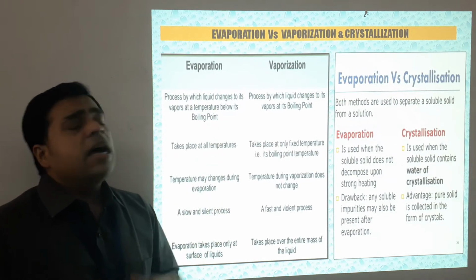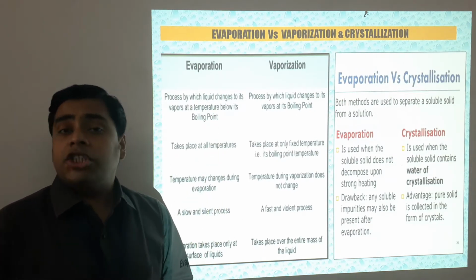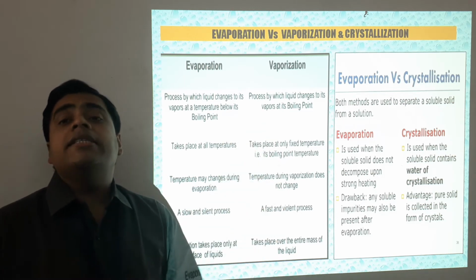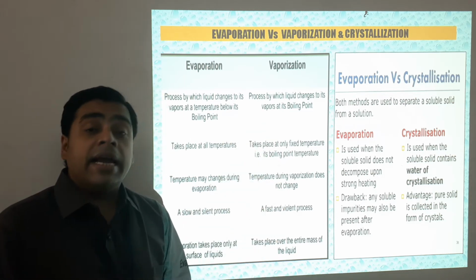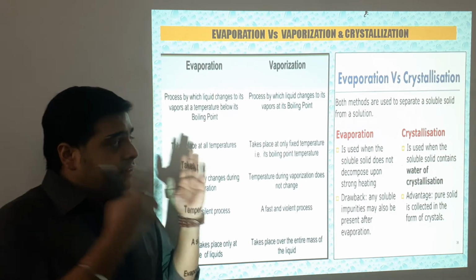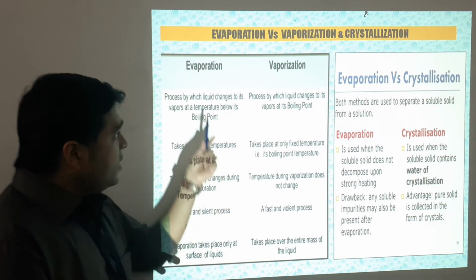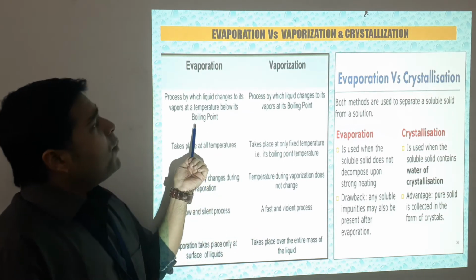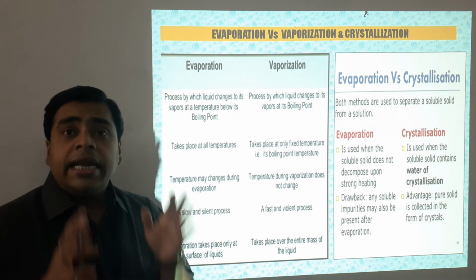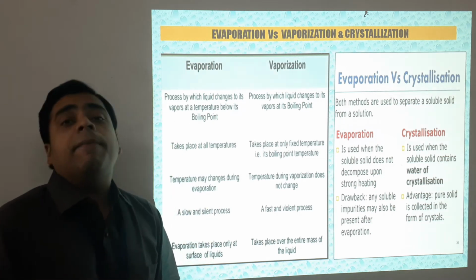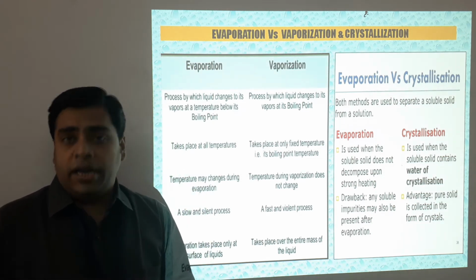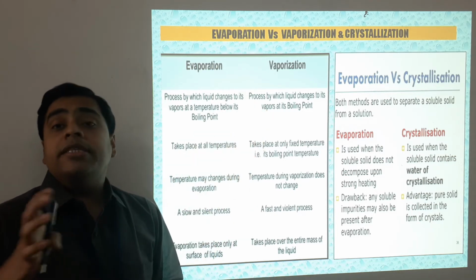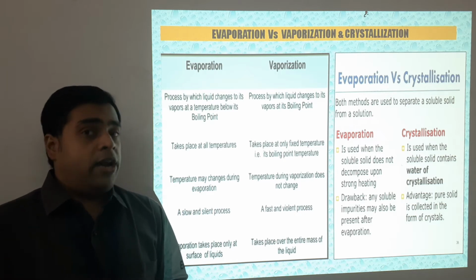Next, come to the difference between evaporation and vaporization, another common heating process, as well as evaporation and crystallization, which is another process where evaporation comes into play. First and foremost, let us see the difference between evaporation and vaporization. Evaporation is a process by which a liquid changes to its vapor at a temperature below the boiling point, and vaporization is the process by which a liquid changes into vapor at its boiling point.